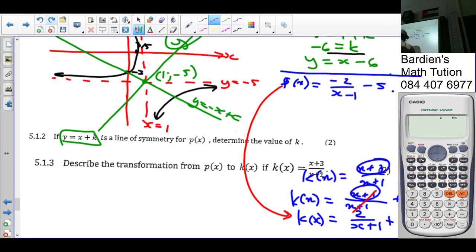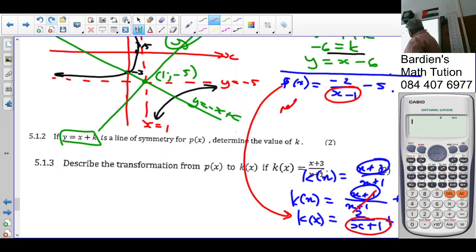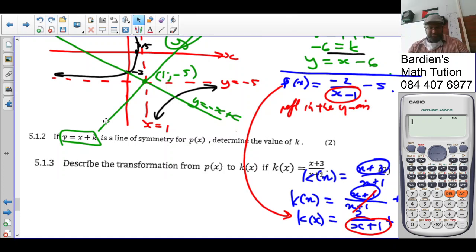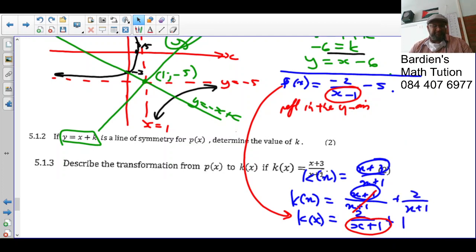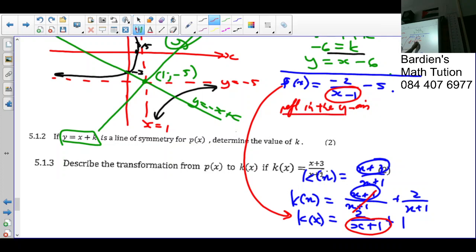Now I must get this equation in that form. So what do I do first? You still see that there's a change here. So what did we say earlier on? It is reflection in the y-axis. If something is reflected in the y-axis, what happens? X becomes negative. So that now becomes y is equal to negative 2 over negative x minus 1, minus 5.